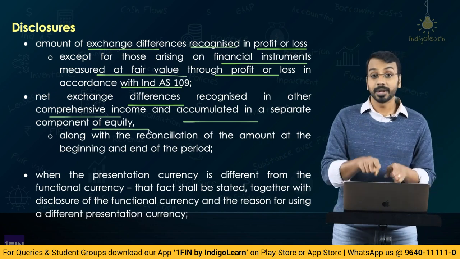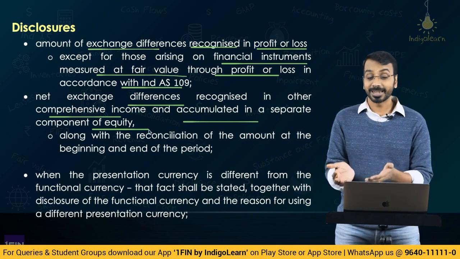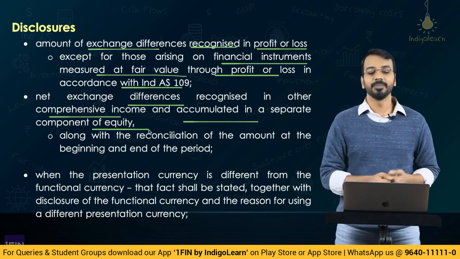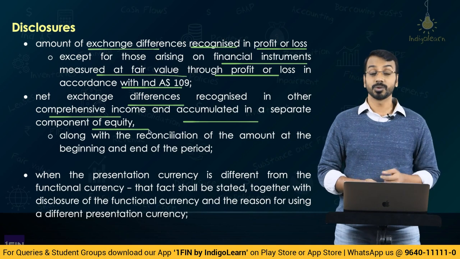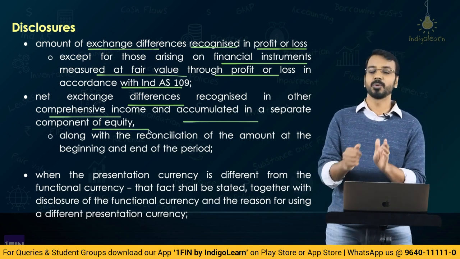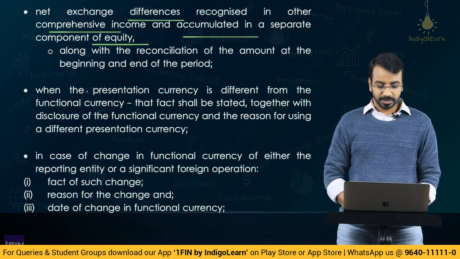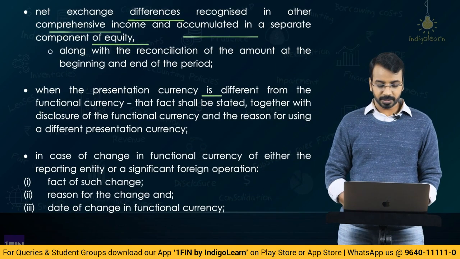If there is a non-monetary item like property, plant and equipment and you are revaluing those items, then in that case also there will be an impact in the OCI. So, that has to be disclosed and you have to prepare a reconciliation: opening balance, movements, and disposals and closing balance.